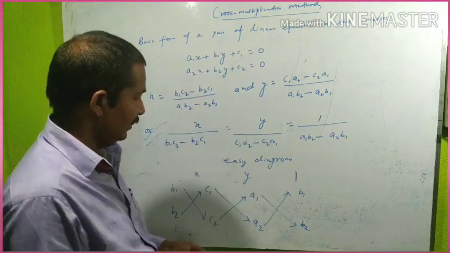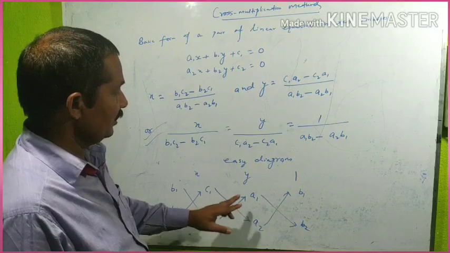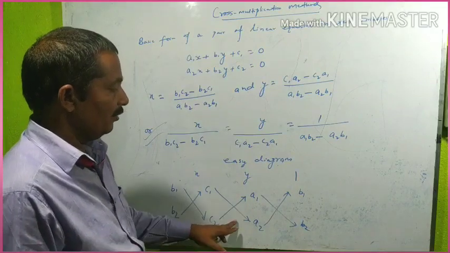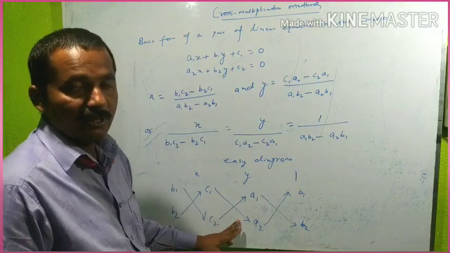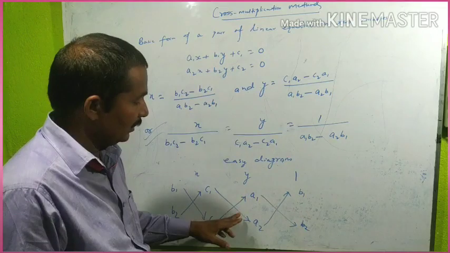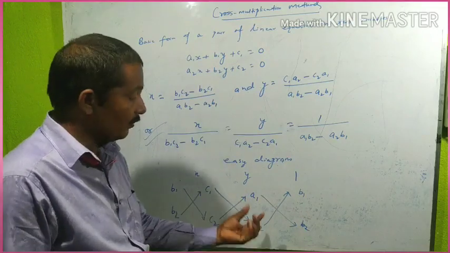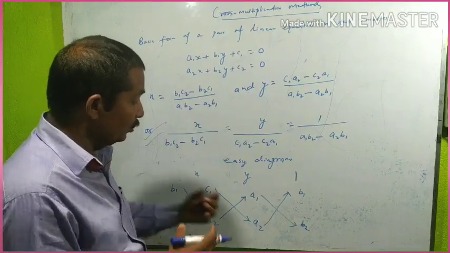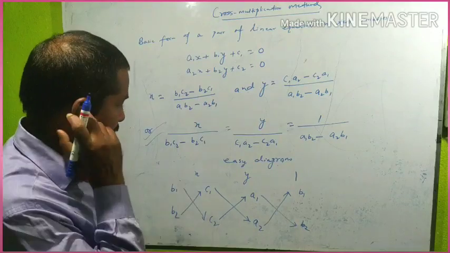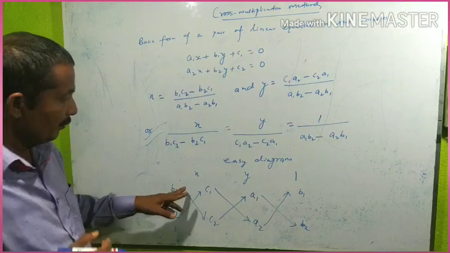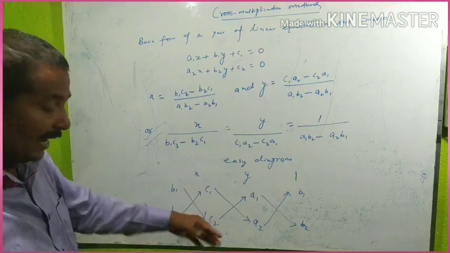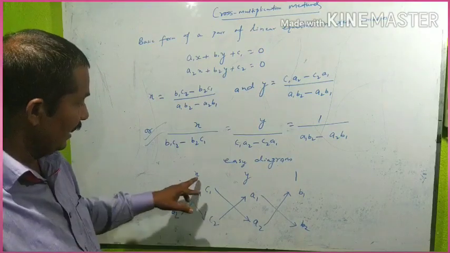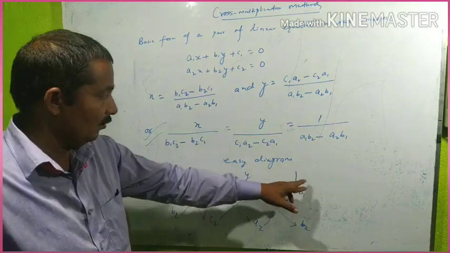But I think this diagram will be the most suitable, comfortable and easiest for you. How to use this diagram, try to understand. Simply you will write here, as I have written, x, y, 1.